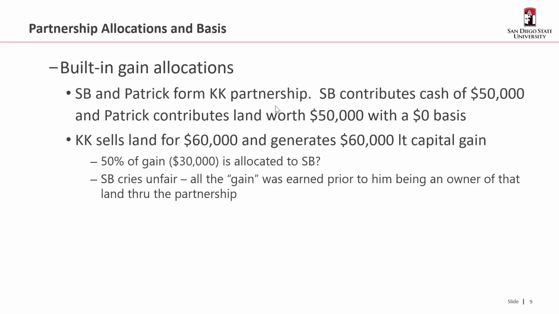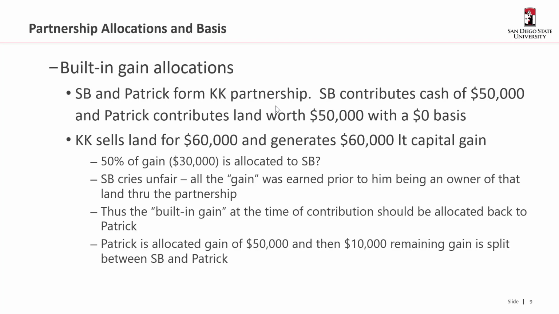And SpongeBob basically says, why should I have to pay tax on the gain that occurred before I was part owner of that property? So instead, the built-in gain at the time of the contribution is allocated back solely to Patrick. So as a result, when that gain is allocated, the $50,000 worth of gain would be allocated to Patrick. That was the built-in gain at the contribution. And then that remaining $10,000 worth of gain, that would be split in accordance with the partnership agreement, or perhaps 50-50 between SpongeBob and Patrick.